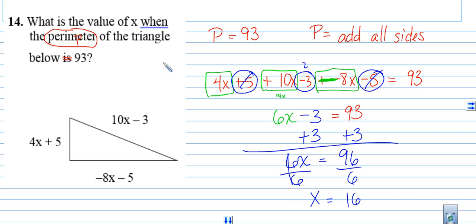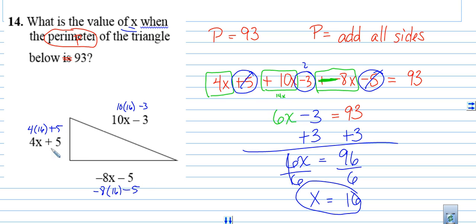Make sure you go back and see what it asks. It says, what is the value of x? So we found x being 16. And then you want to go back and double check to see if you're right by plugging it in. So you get 4 times 16 plus 5, 10 times 16 minus 3, and negative 8 times 16 minus 5.